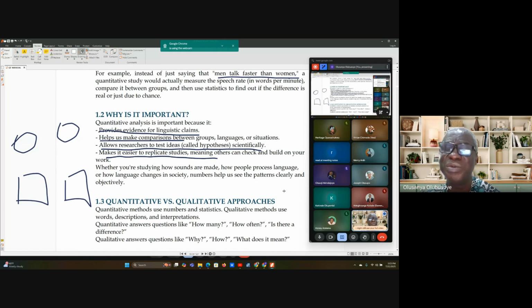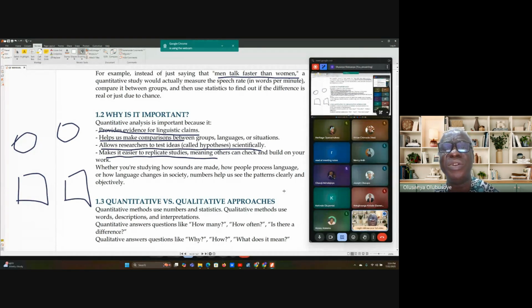Somebody could also go to a different airport, a different environment, and follow the same process that you claim you followed. So to replicate a study is to repeat this, follow the same procedure that the previous researcher followed, and check whether the result will be the same or not.